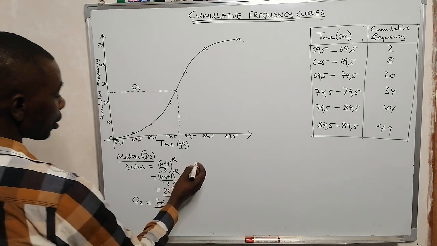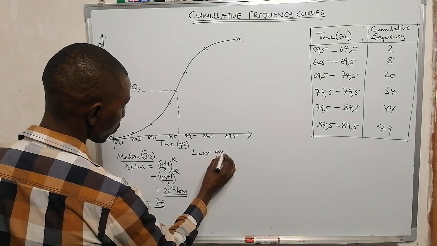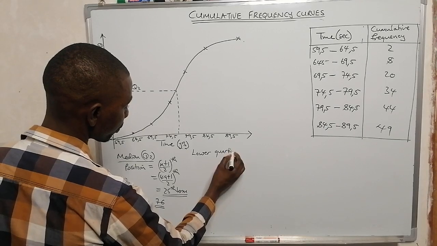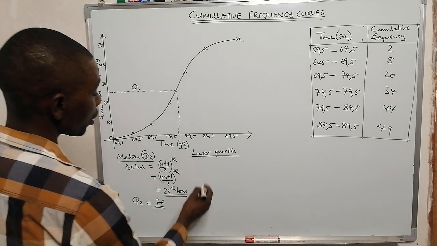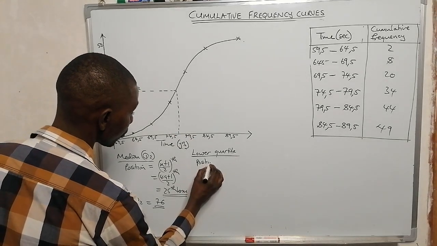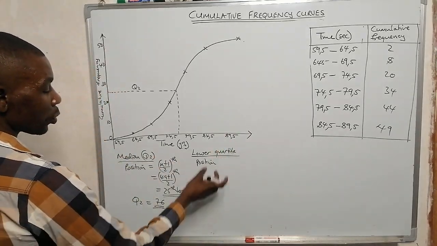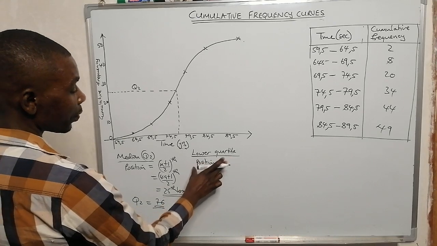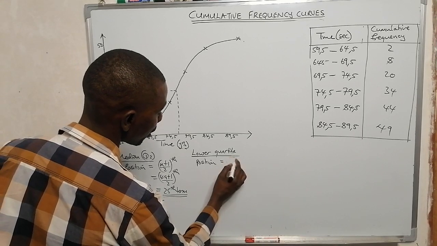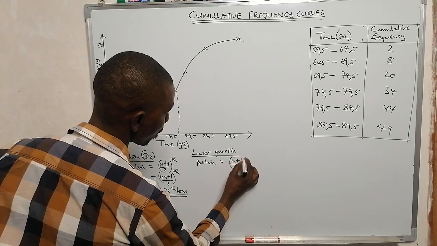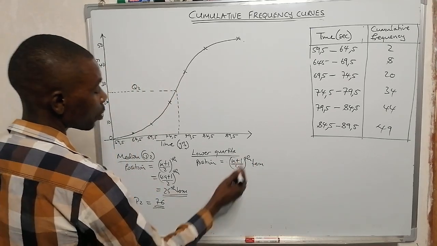Then for Q1, that's the lower quartile. Again, if n is an odd number like this, we are going to use position. The interquartile range is the difference between the upper quartile and the lower quartile. So we want to find the lower quartile position, which is given by n plus 1 over 4, the term. We are going to use plus 1 because of the odd number.